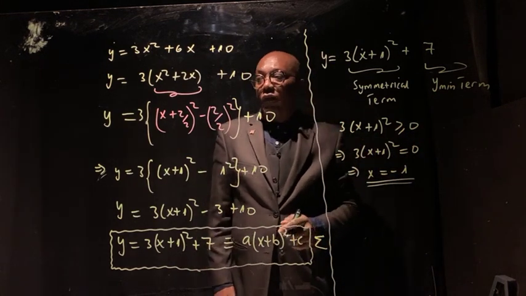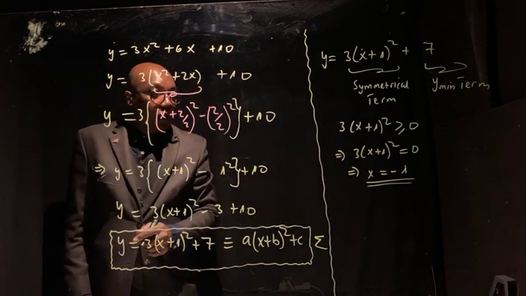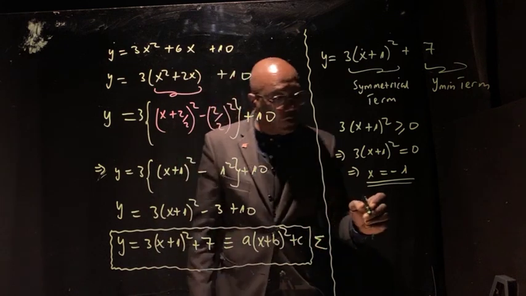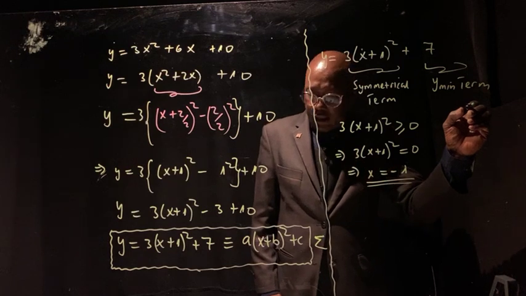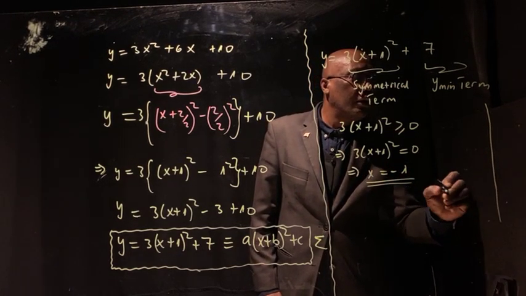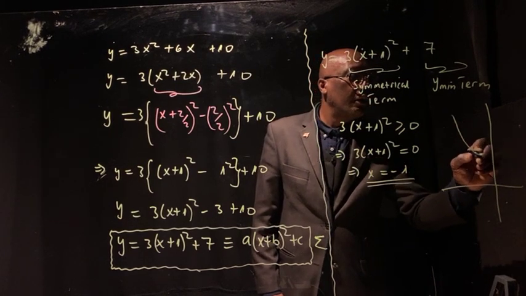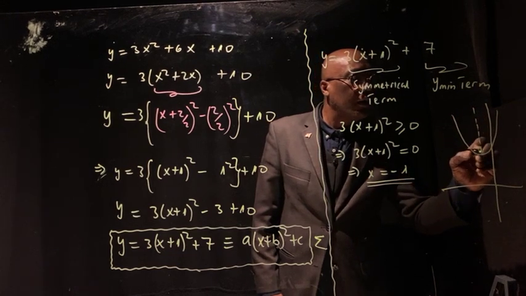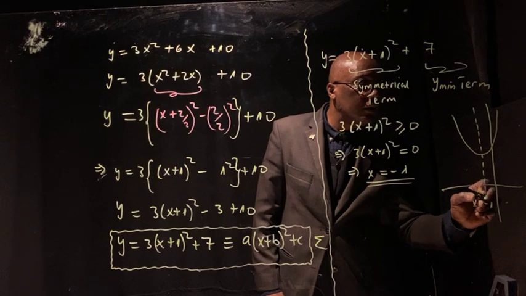Now, if we are going to sketch the graph, is there a space here? Let me see. You can see that the graph will be something like this. And this will be the symmetry where x equals minus 1.